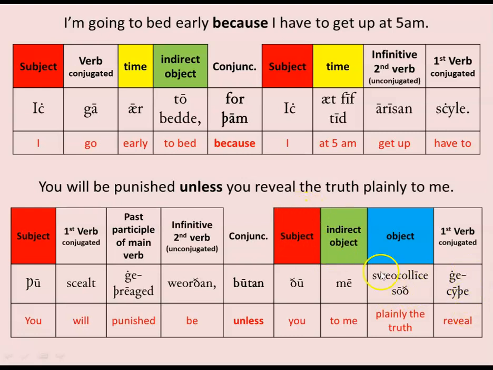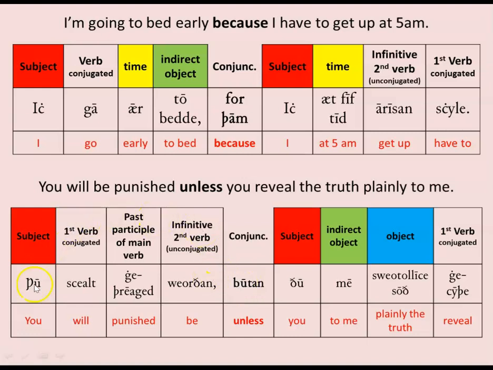Now, in the subordinate clause, the secondary clause, the dependent clause, you have the subject, indirect object, object, and then you have the verb right at the end. And that's different to the primary or independent or main clause, where you have the verb in second place and then any further verbs at the end. Okay, that's the difference. And the subordinating conjunction makes that happen.